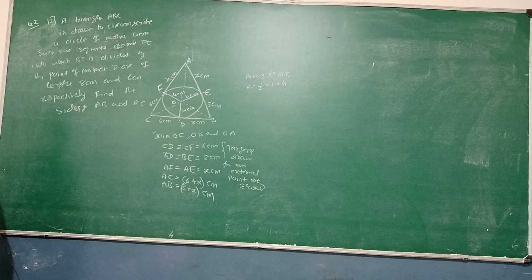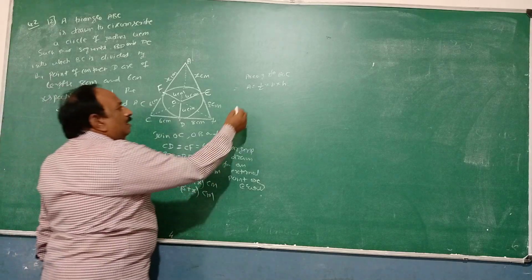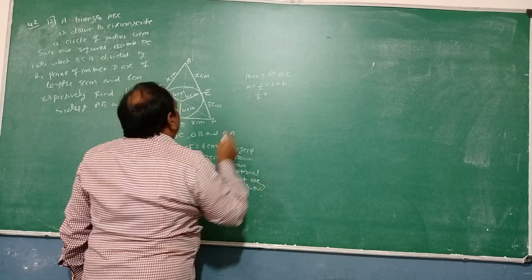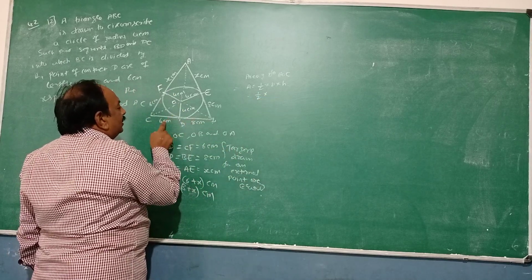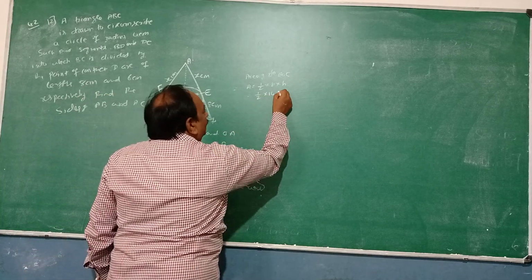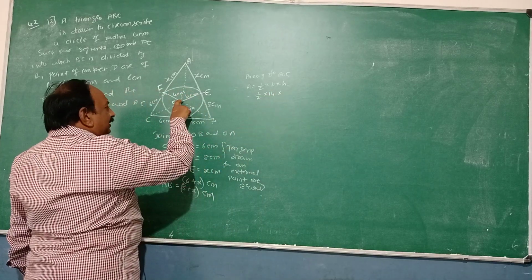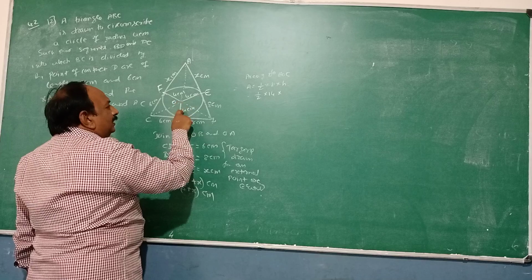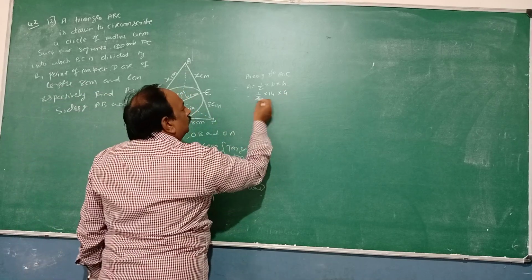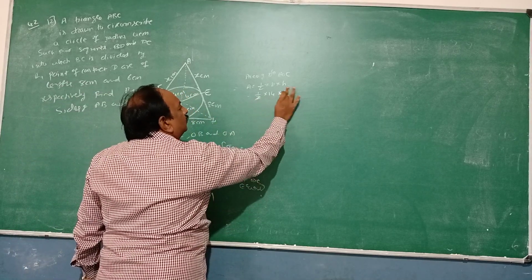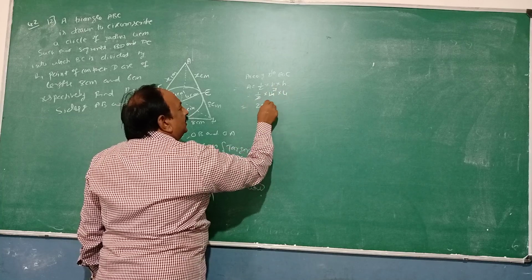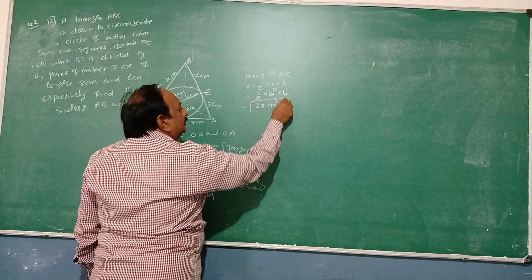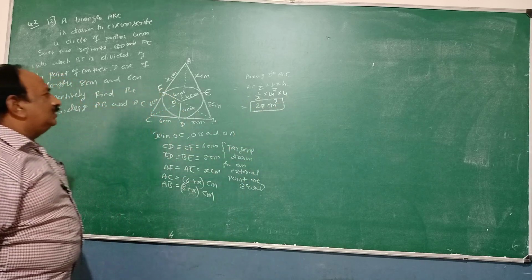What is the base? 6 plus 8, CD plus BD, 14. Into height, which is 4 centimeter. 2 ones are 2, 2 sevens are 14, 7 fours are 28 cm square. This is the area of triangle BOC.